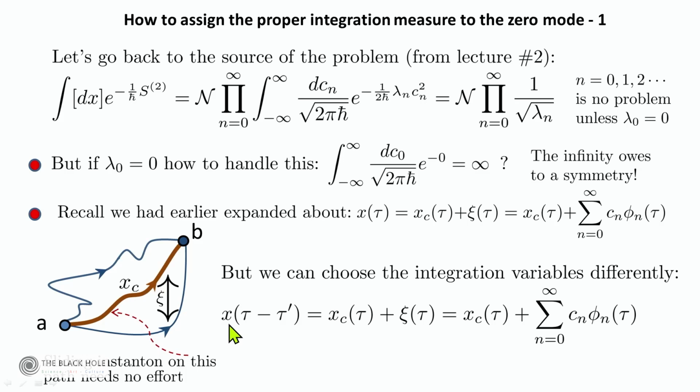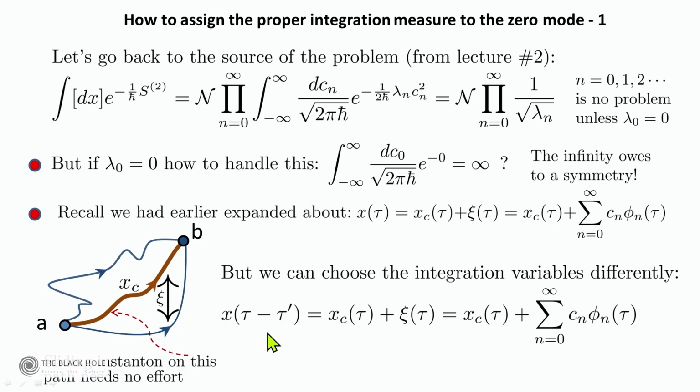I do an integration over x, but with the argument shifted slightly. So make it tau minus tau prime instead of taking tau prime over here equal to 0. In other words, I'm still integrating over all paths, but I've chosen my path a little differently.